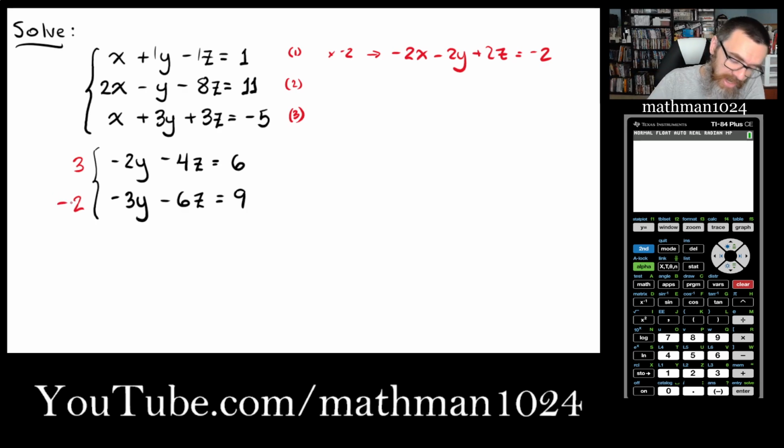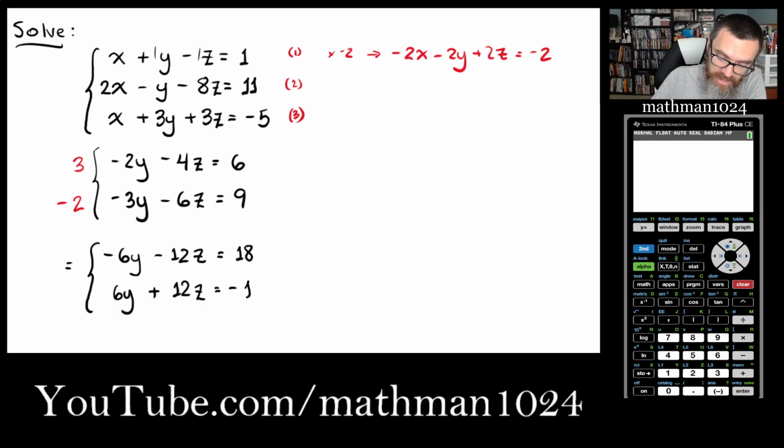So let's make the second guy negative, and let's see what we get. So the top guy is negative 6y minus 12z equals 18. The second equation is positive 6y plus 12z equals negative 18.